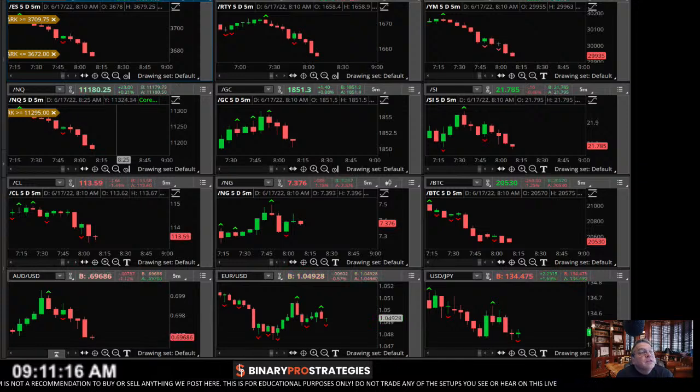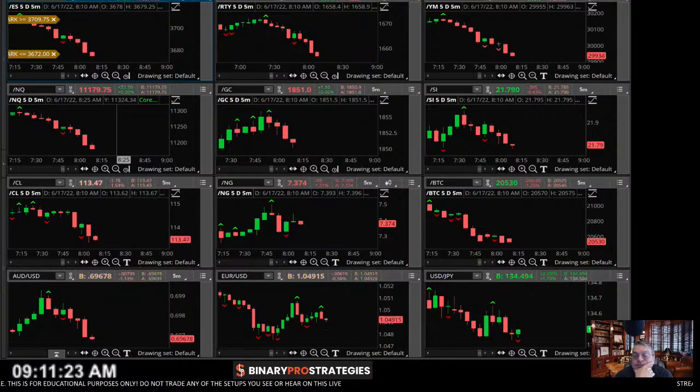Okay, so we just hit the mini NASDAQ, so that was target hit. So ES getting real close to hitting target.